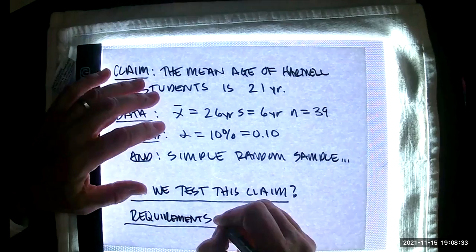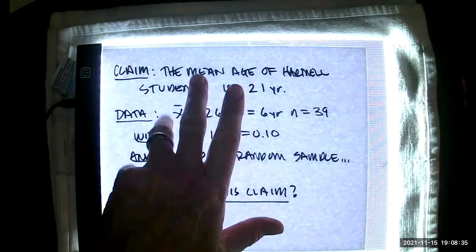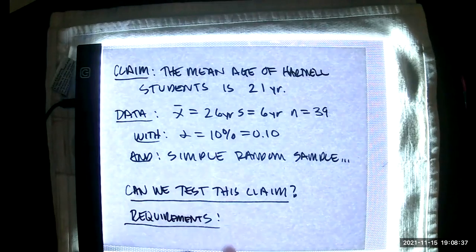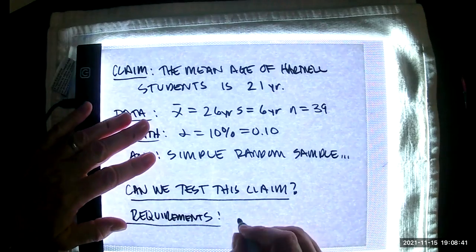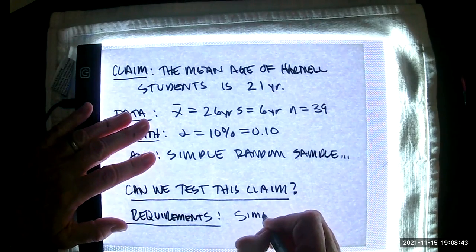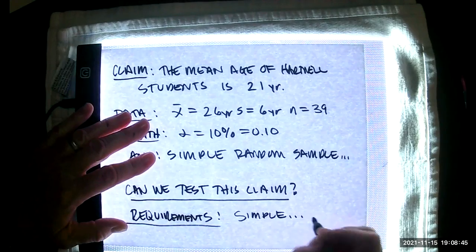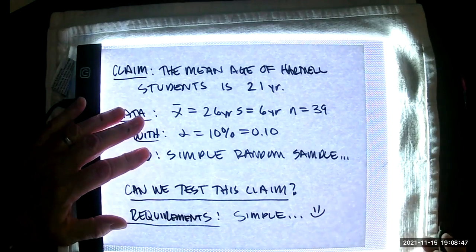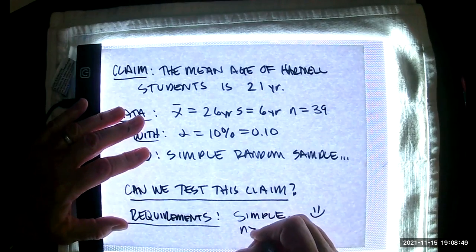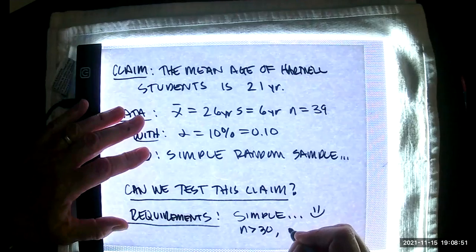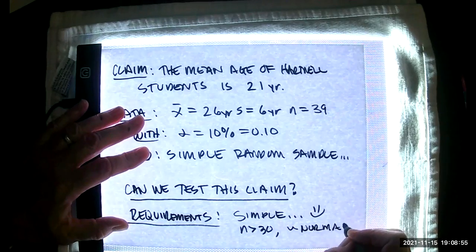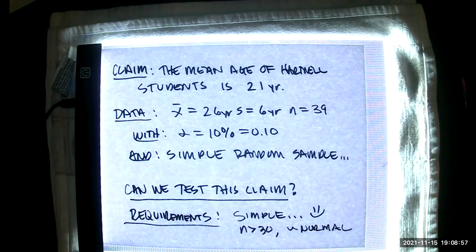There are only 2 of them, and I feel like I should ask students to check that this kind of test meets the requirements. They are a simple random sample, and we've got that. And then either n greater than 30, or a population that's approximately normal over the variable in question.